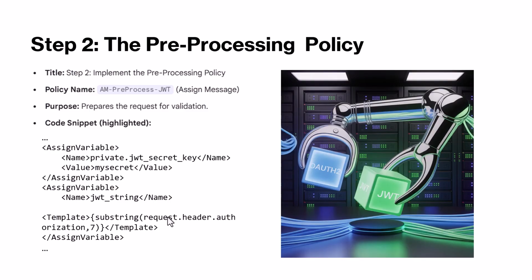In the full authorization header, it strips the first 7 characters, that is the word Bearer, which is 6 letters, plus the space, to isolate the pure token. Now we store this in a new variable called JWT string.